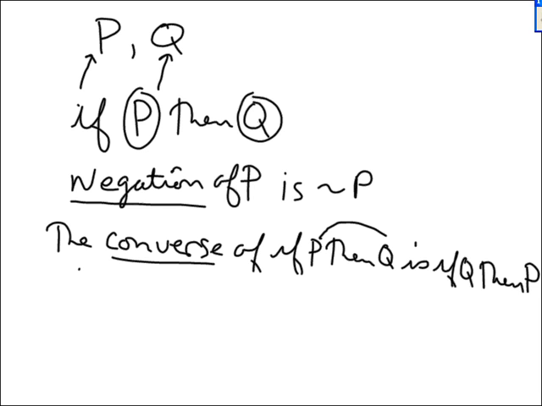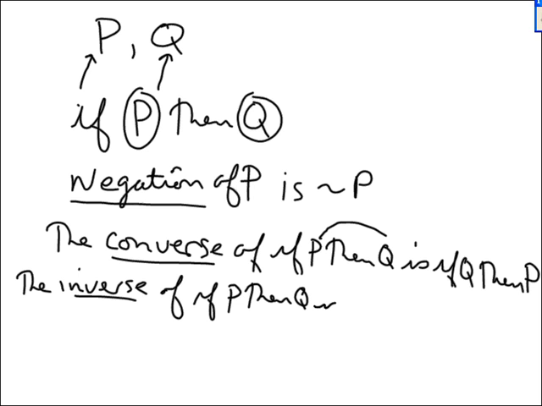Okay, the next word we're going to talk about is inverse. The inverse of if P, then Q is if not P, then not Q. You negate both of them.